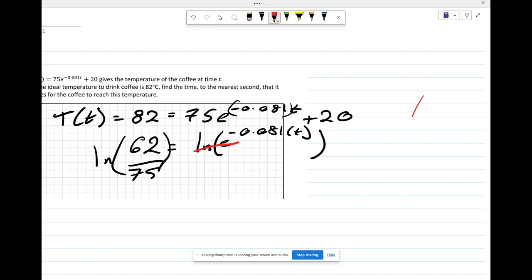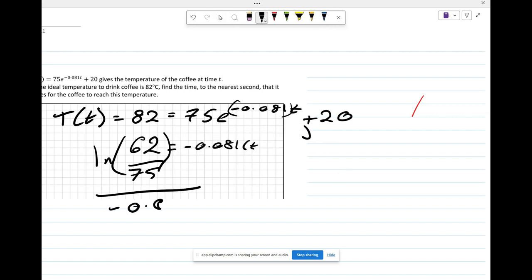This cancels with that, and we're just left with minus 0.081t. And now we're just going to divide the whole thing by minus 0.081, and that is going to be equal to t.